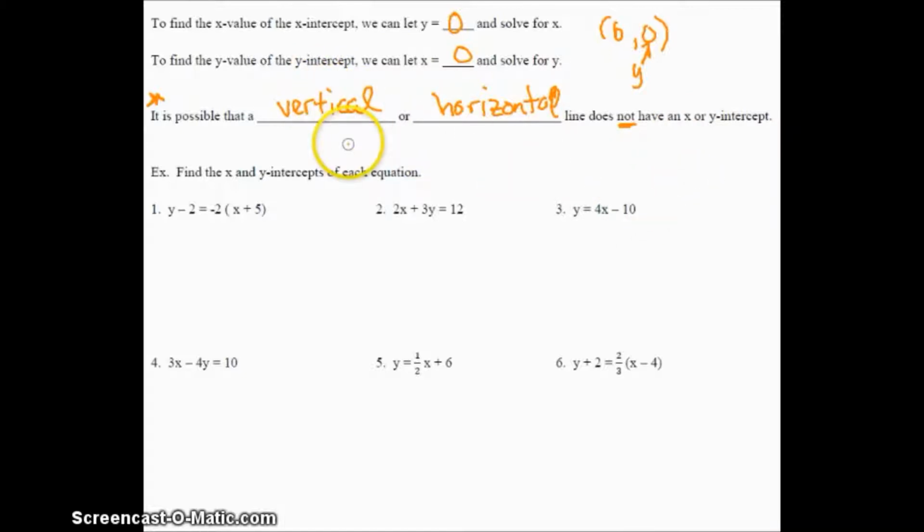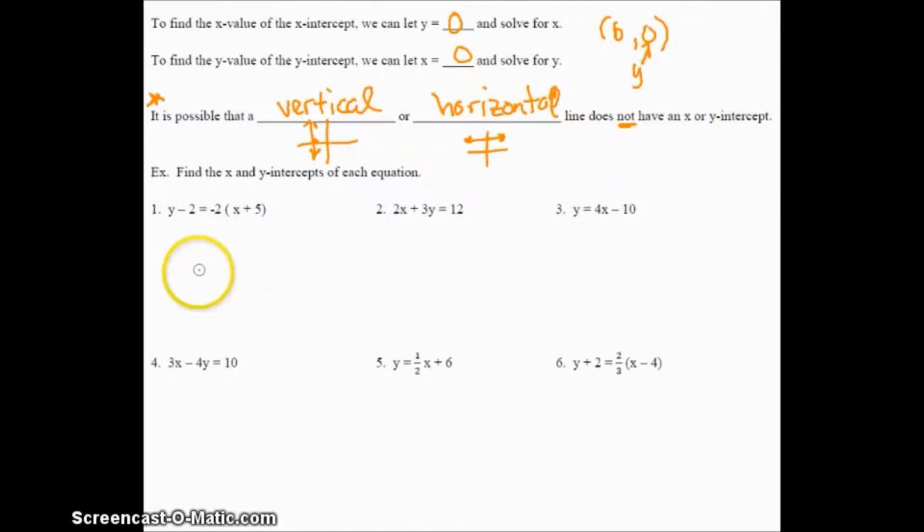The vertical line, if you graph it, here's our x and y axis, only crosses and will only have an x-intercept. If we're taking a look at a horizontal line though, if we draw our coordinate plane, draw a straight horizontal line across, it only has a y-intercept. So there we don't have both, but we have one.